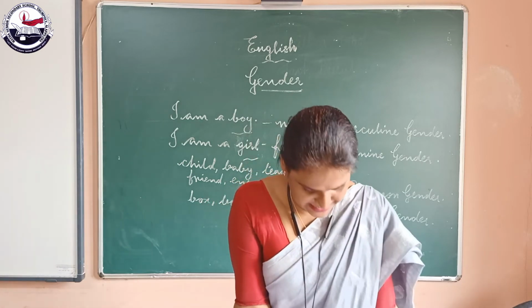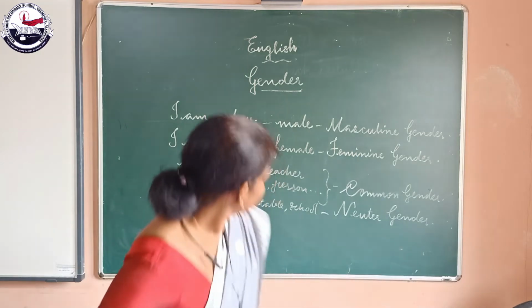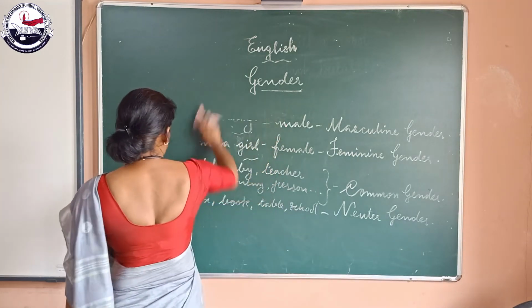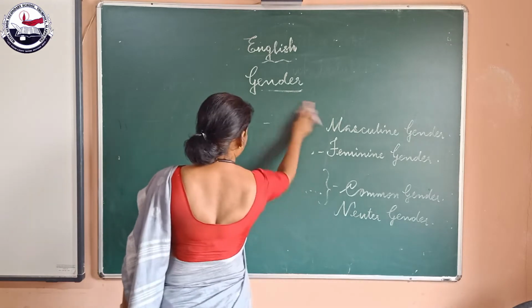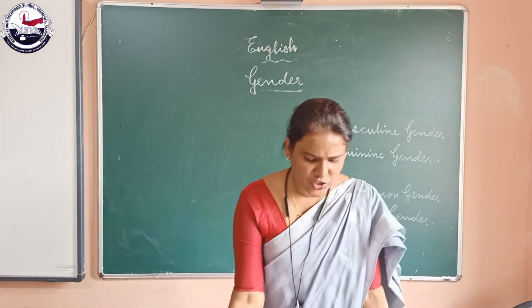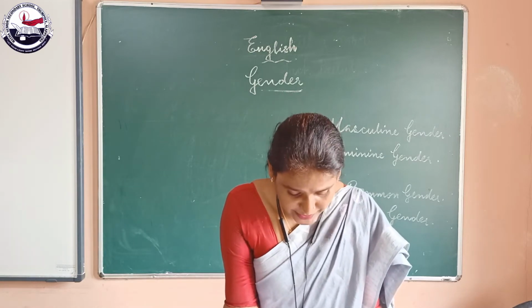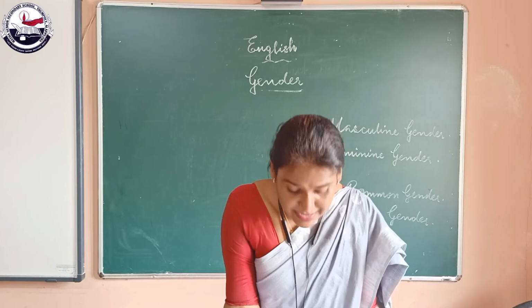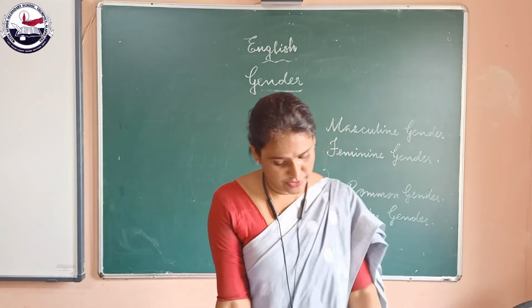Page number 66, Exercise A. The first one, give the gender of the nouns in color. Write M for masculine, F for feminine, C for common, and N for neuter gender.